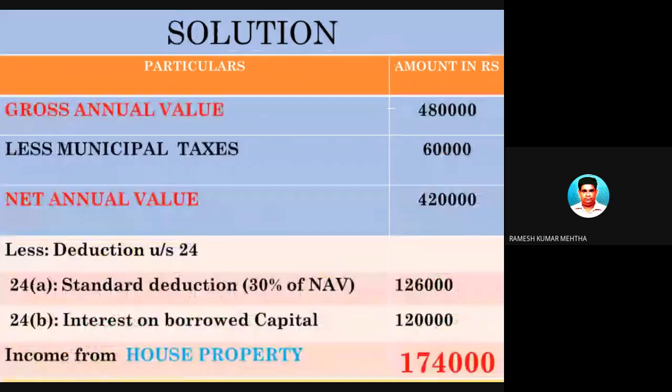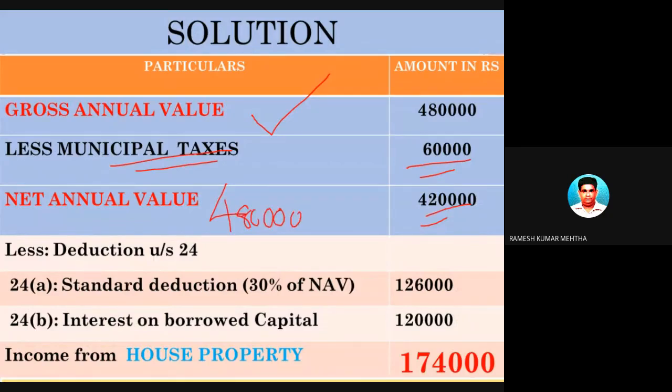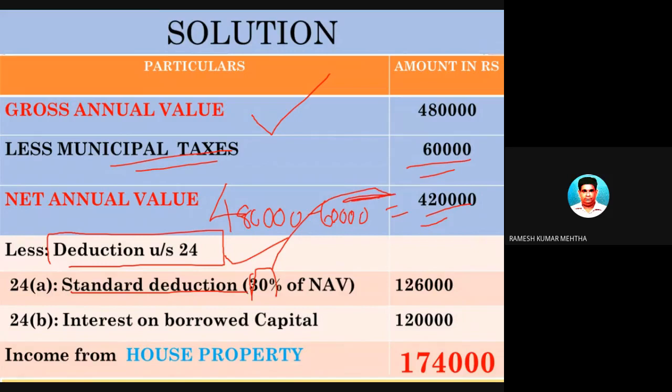Now let's talk about the next step, how to calculate the income from house property. Gross annual value is 4,80,000. Municipal taxes is 60,000 rupees. Now the net annual value is 4,20,000 rupees, because 4,80,000 minus 60,000 is equal to 4,20,000 rupees. There are some deductions under section 24. One is standard deduction at the rate of 30% on NAV, which is 4,20,000 into 30 percent, equal to 1,26,000.